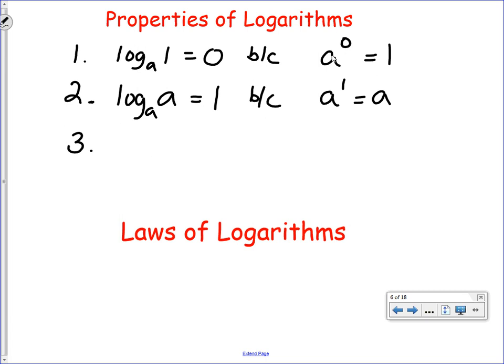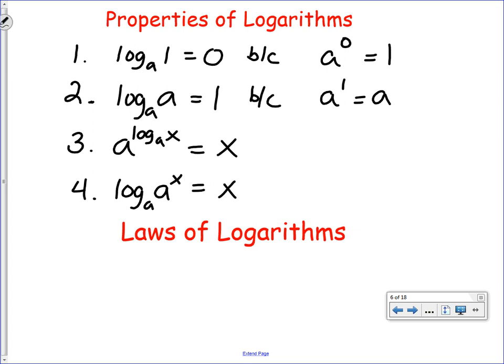So, if you have a power base a raised to a logarithm base a of x, that would just equal x because these are going to undo each other. And then we could flip that around. If you have a logarithm base a of a to the x power, again, that will just equal x because they are going to undo each other. Okay?